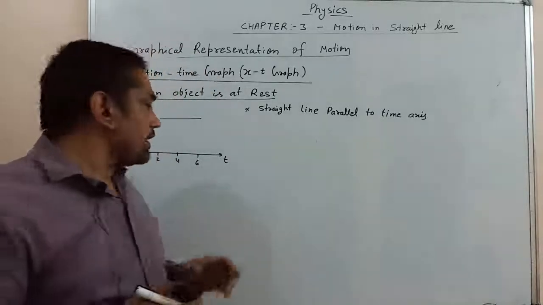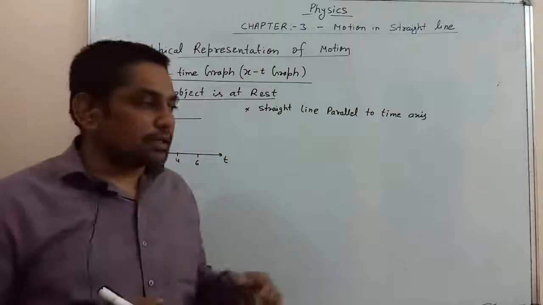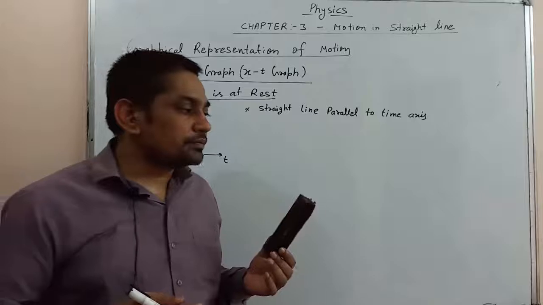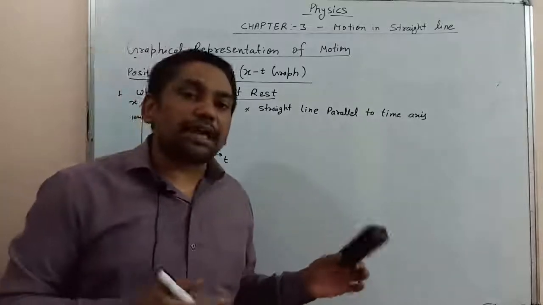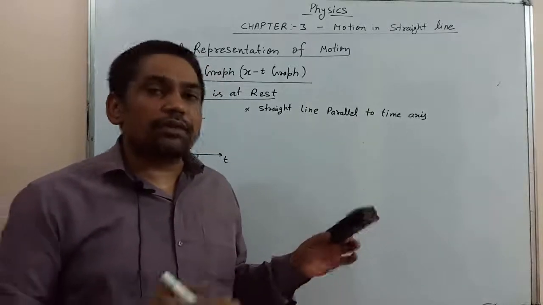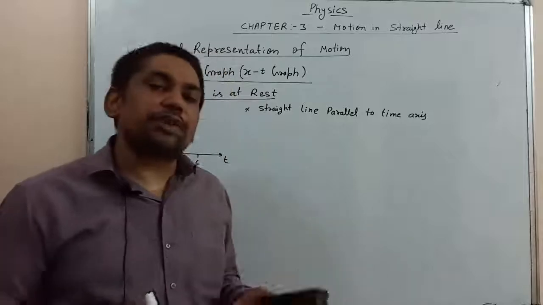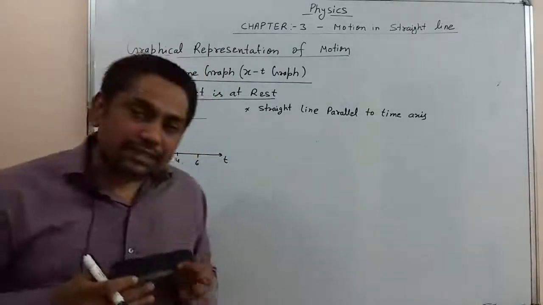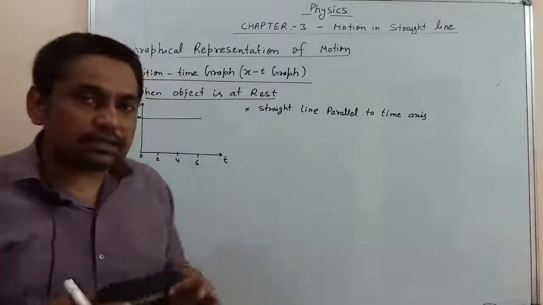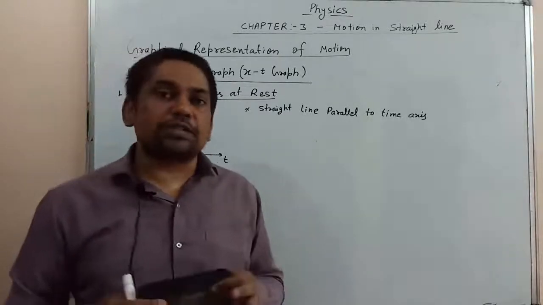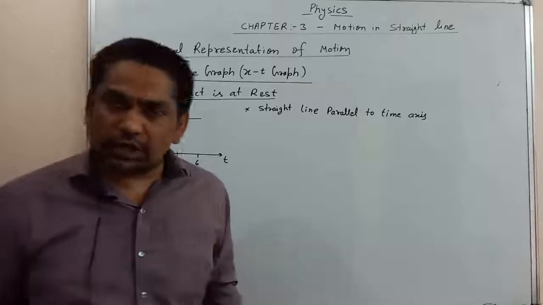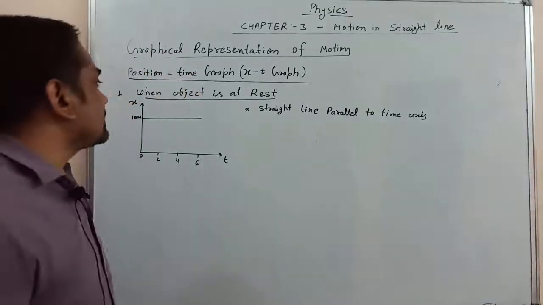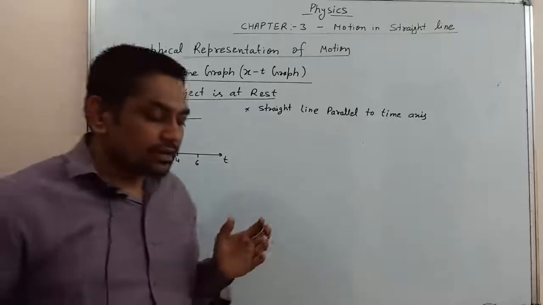So if at 2 seconds the displacement of duster from me is 10 meter, if duster is not moving, then the displacement remains 10 meter. So we can say that the duster is at rest with respect to me, with respect to surrounding. A straight line parallel to time axis represents the object is at rest.